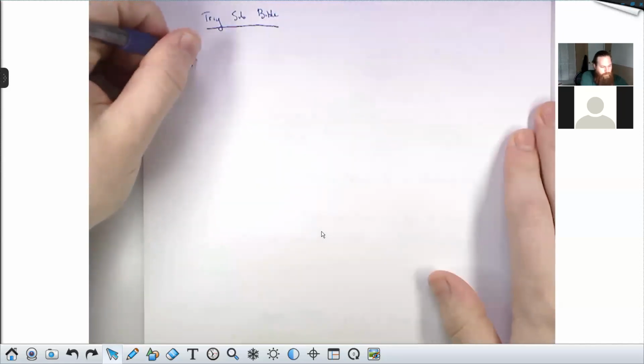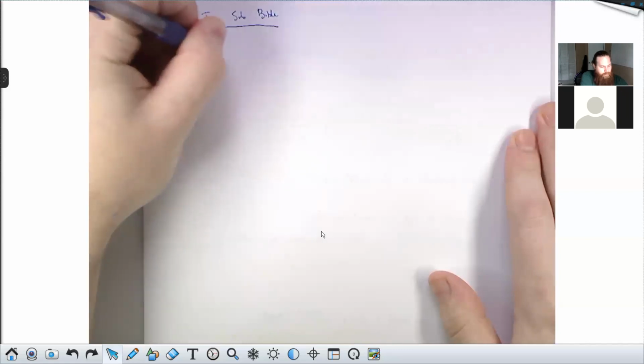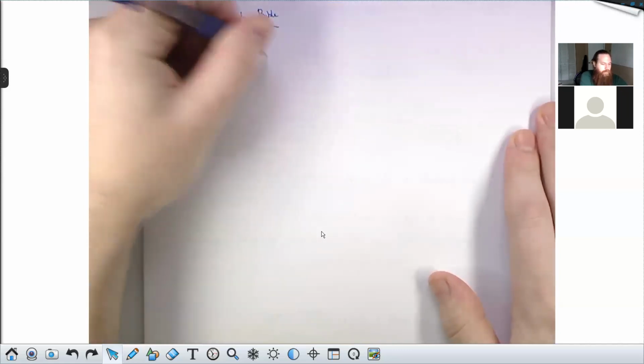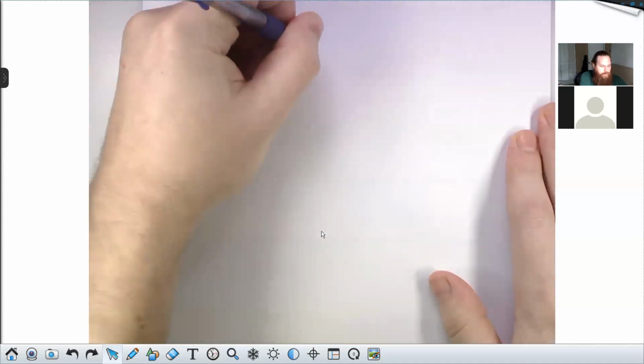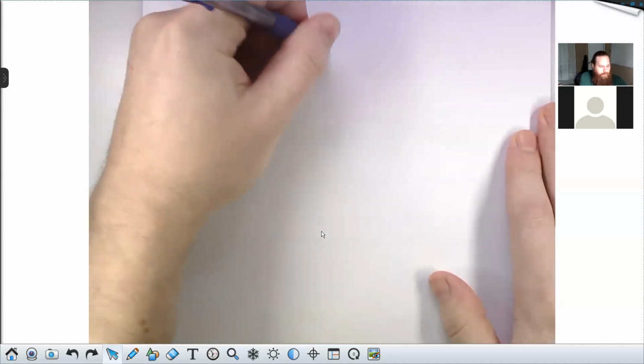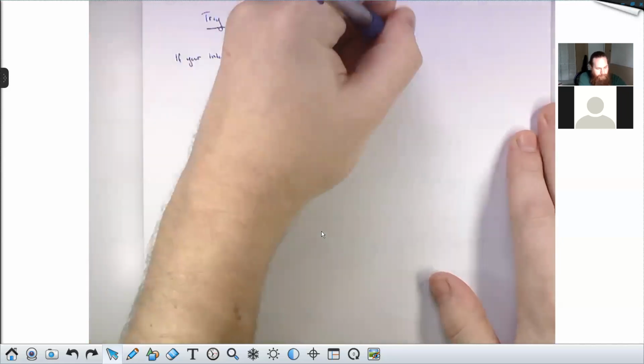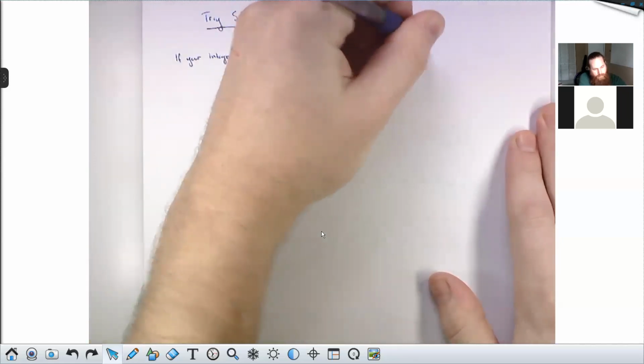If your integral contains, substitute this, because this.